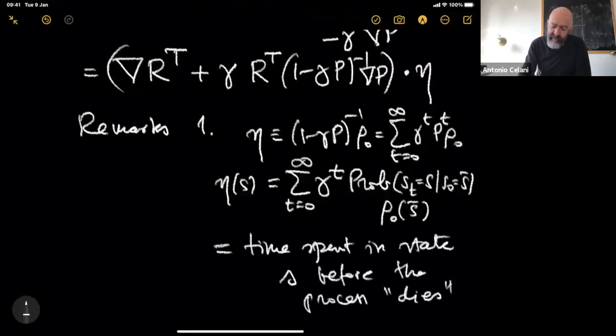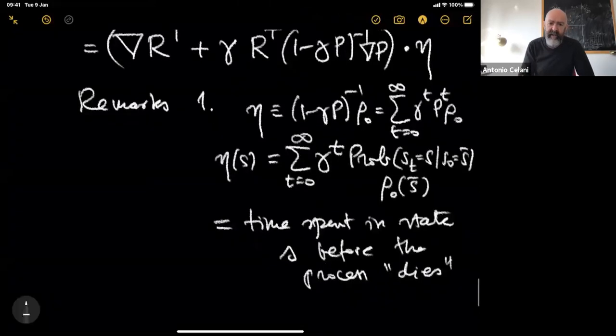Because remember, gamma is the survival probability. So gamma to the power t is the probability of having survived after t steps. And after t steps, you will be in state S with this probability.